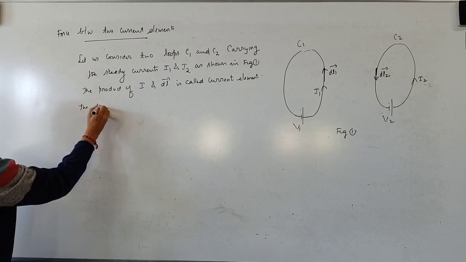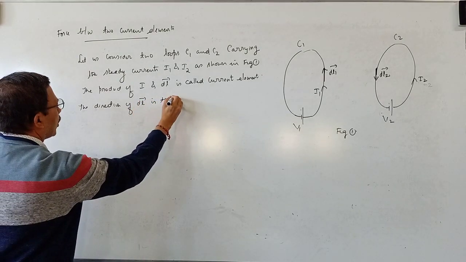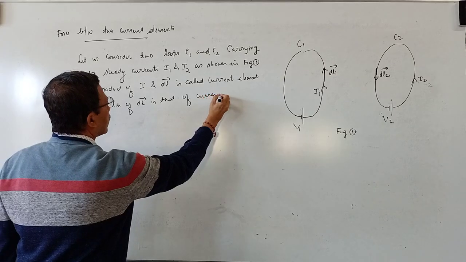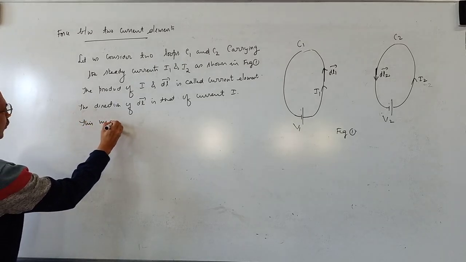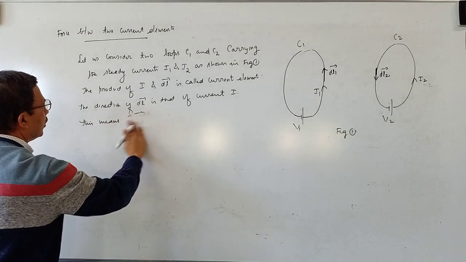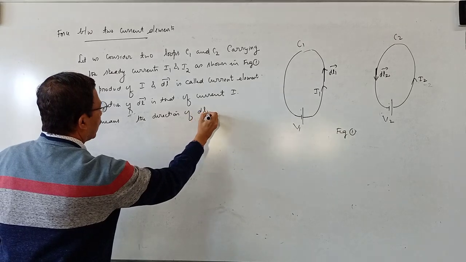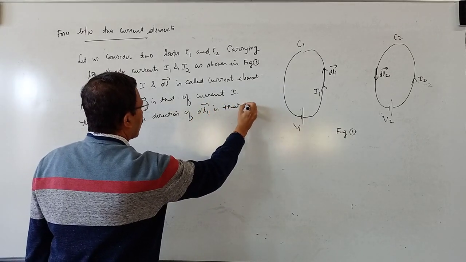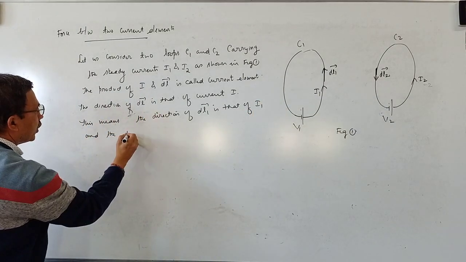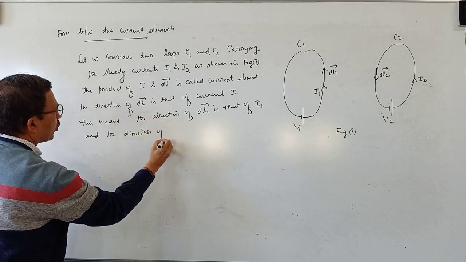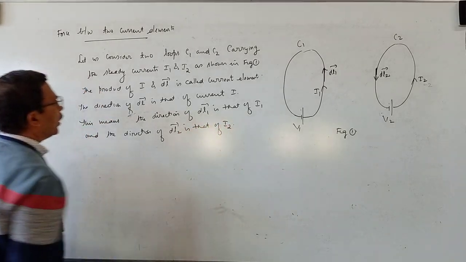The direction of vector dl is that of current I. This means the direction of vector dl1 is that of I1, and the direction of vector dl2 is that of I2.